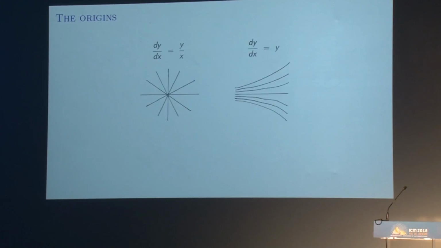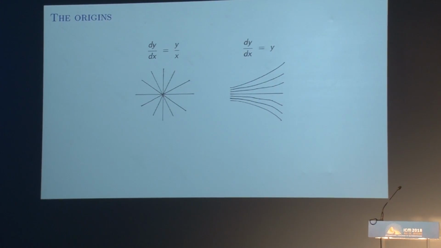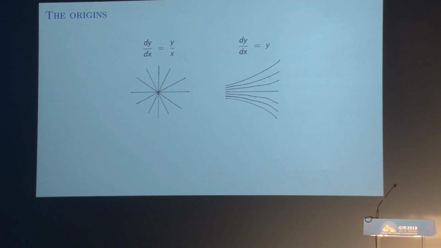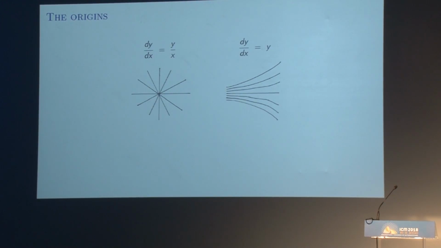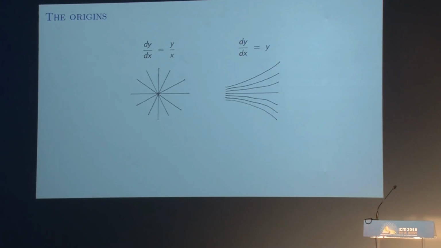Let me now put some geometry in this picture so you can also interpret and look at these differential equations from the geometric point of view. At a general point of the plane, the equation gives you a tangent direction at that point.